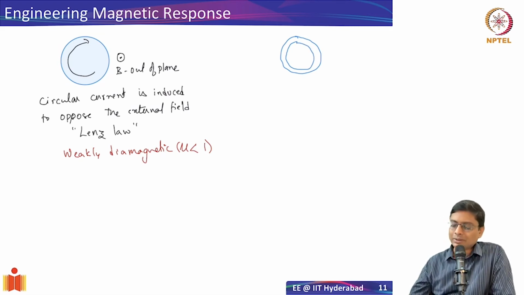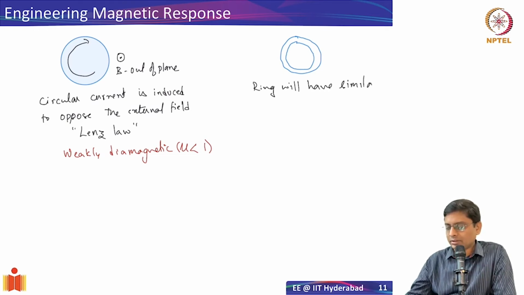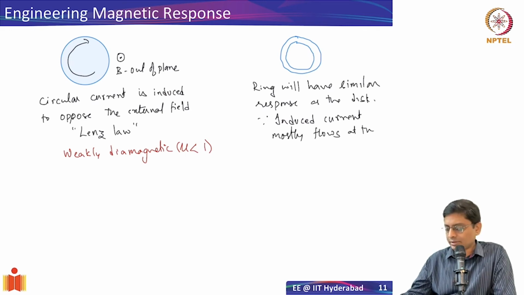Basically the ring will have a similar response as the disk. The reason for that is because the induced current mostly flows at the edges.